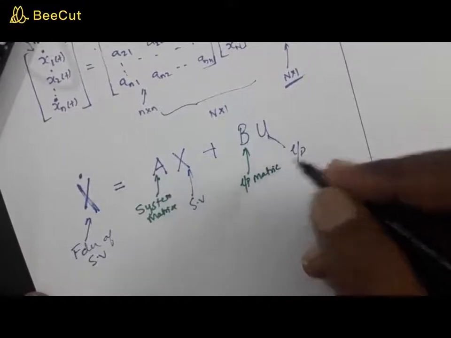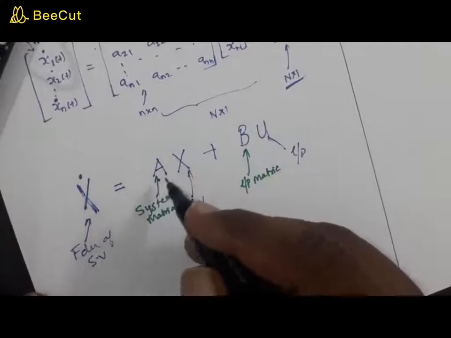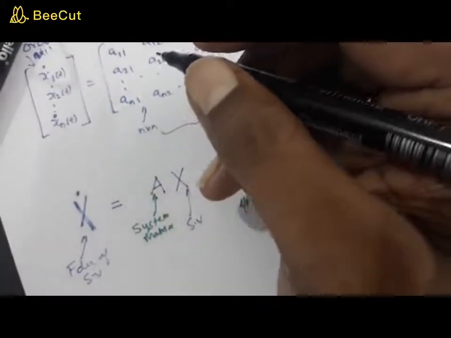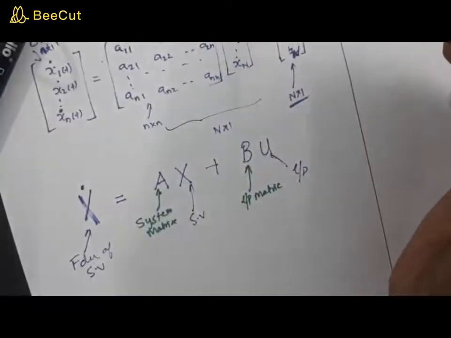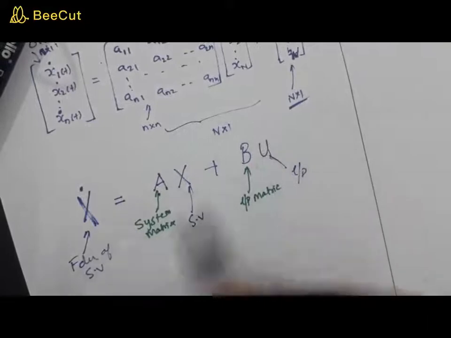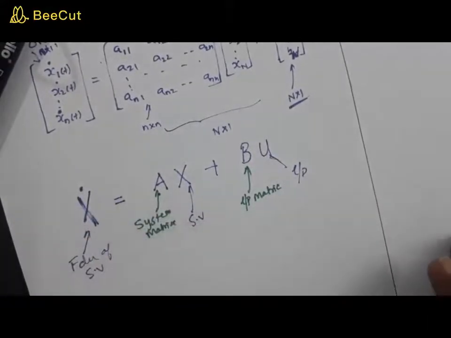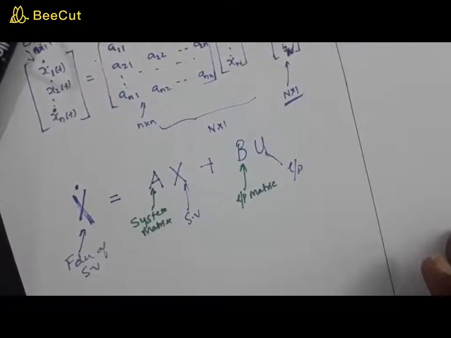So this is the input matrix and this is the system matrix. That means this matrix gives you the information about that system, and along with the input you will get the state equations of that system. Now this is just a part of the state model, and the next is to derive the output equation of a system.